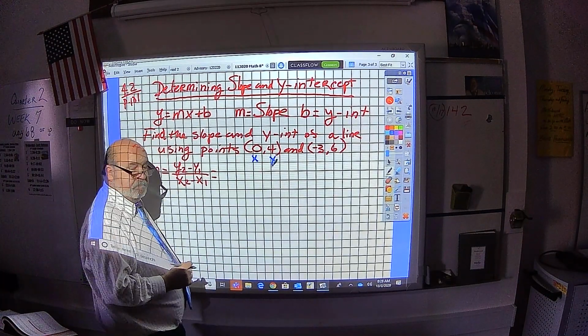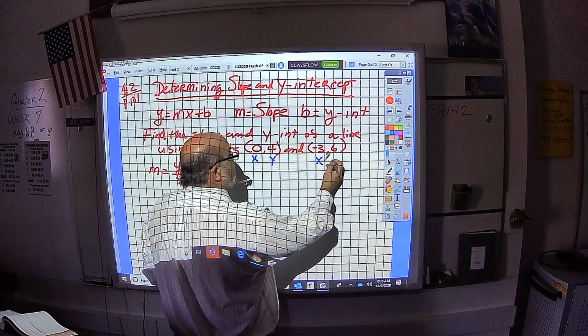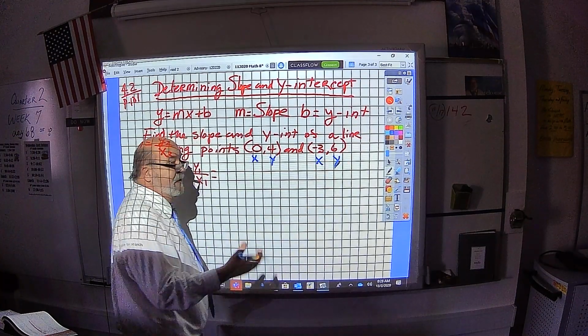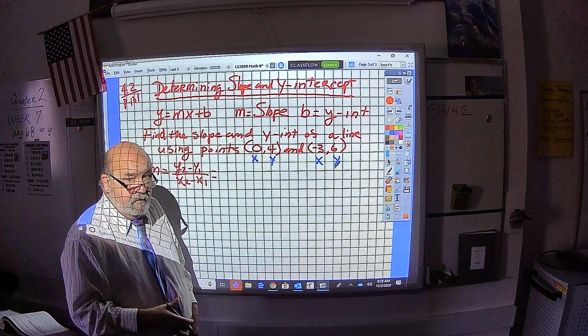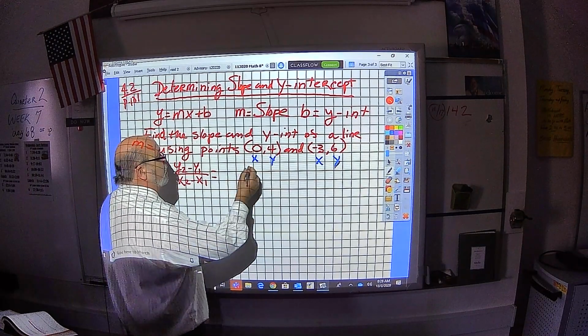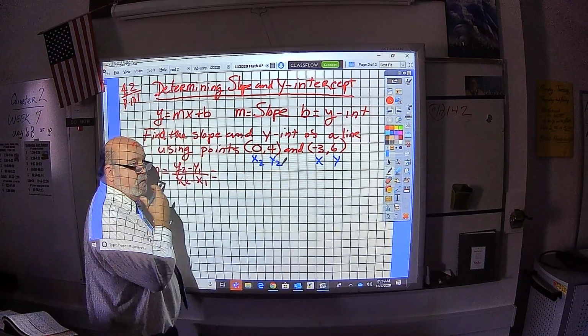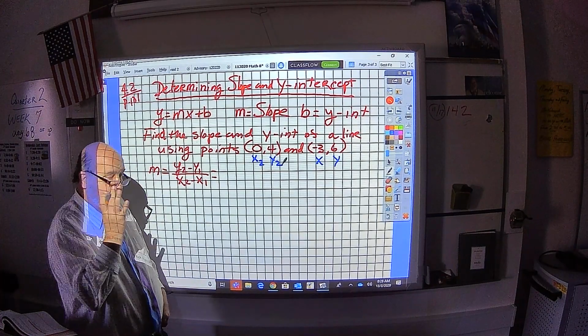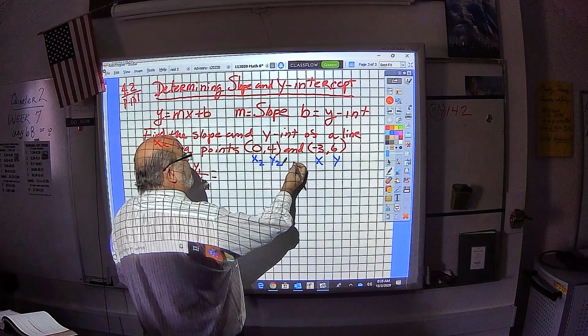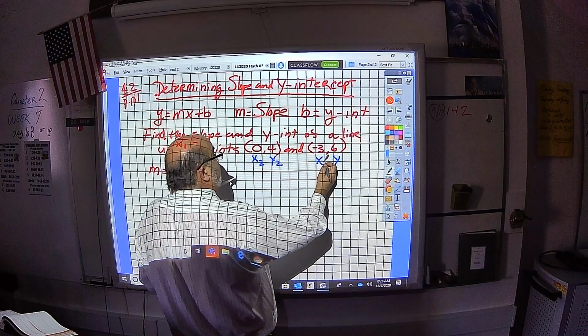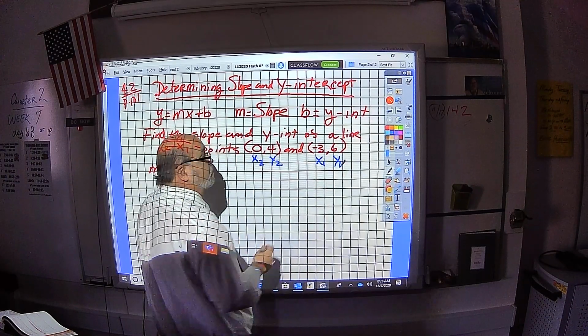Here's an x, here's a y. Now there's an easy way to do this, there's a hard way to do this, but I'm going to do it this way, because that's my choice. This is going to be x2, y2. Are we okay? I hope so. And then we have x1 and y1. Does that make sense to you?